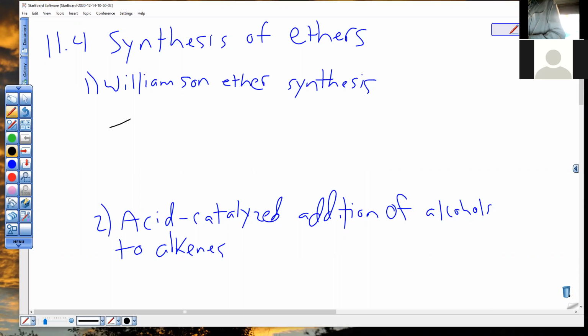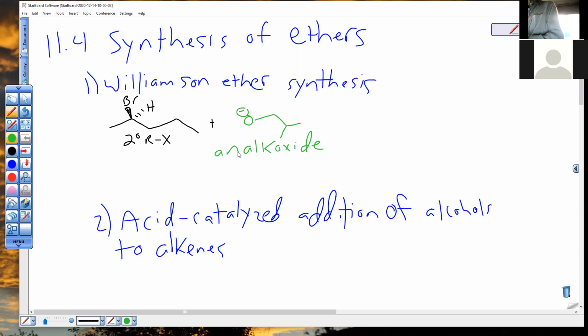If we had a nice secondary carbon with a leaving group, secondary RX, and we react it with an alkoxide. Alkoxide is the general family.